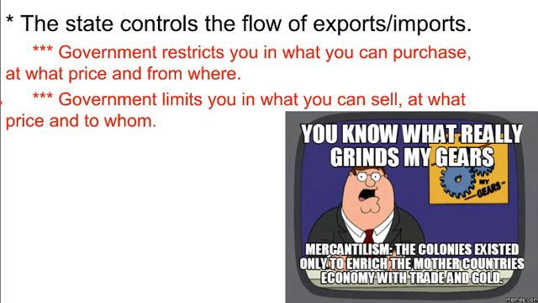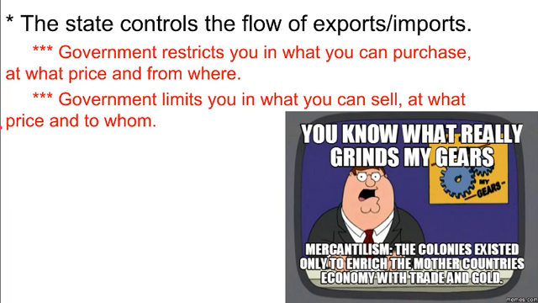If you recall from American history, remember the Sugar Act and the Tea Act, where the colonists in North America had to purchase their goods only from the English. They couldn't purchase from anyone else, and at the price that the English government set. So this is a mercantile legal example.